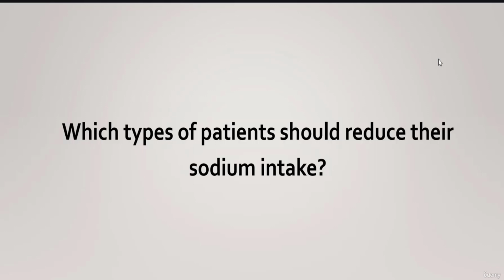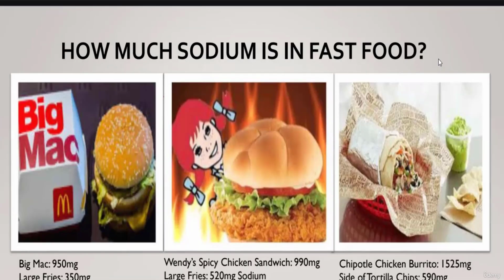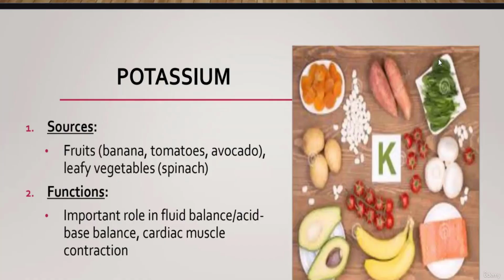Alzheimer disease, right? Any type of chronic illness, it is not a good idea to take sodium. All right, so how much sodium is in fast food, right? So again, another depiction to show how detrimental fast food chains are to the human body.